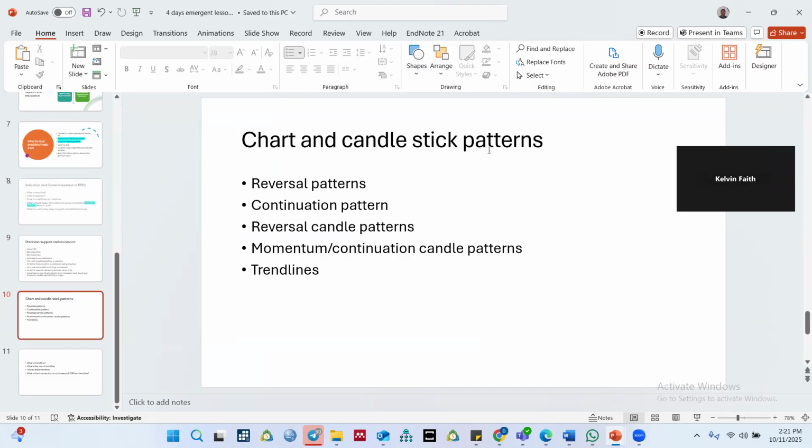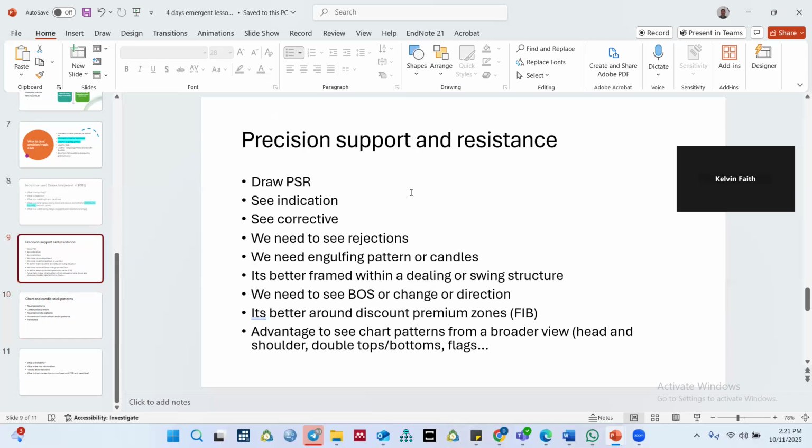We won't learn everything. We're just going to select one or two chart patterns to study and one or two candlestick patterns to study, which are important. As you know, we want to study those that can help us utilize the precision support resistance concept or theory.